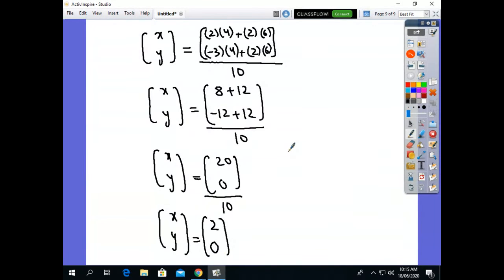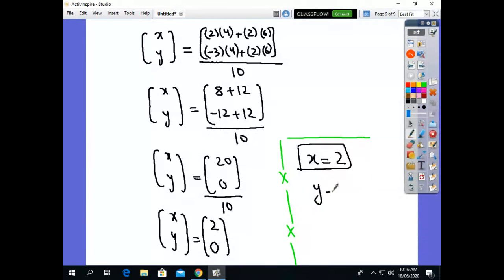Therefore x is equal to 2 and y is equal to 0 is the required solution of the simultaneous equations. The first element x is equal to 2 and the second element y is equal to 0 is the required solution of the simultaneous equations.